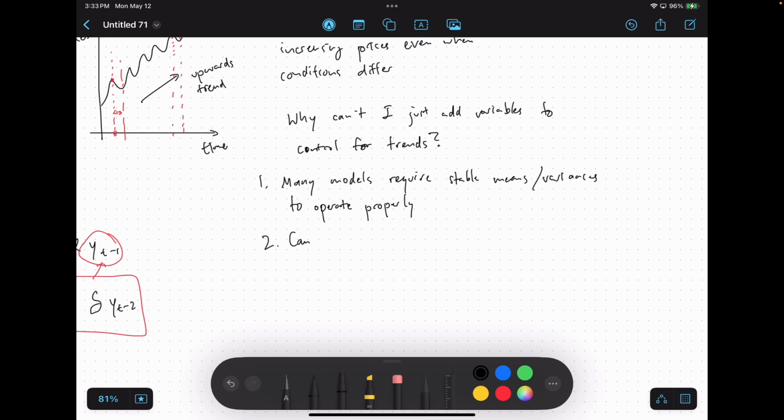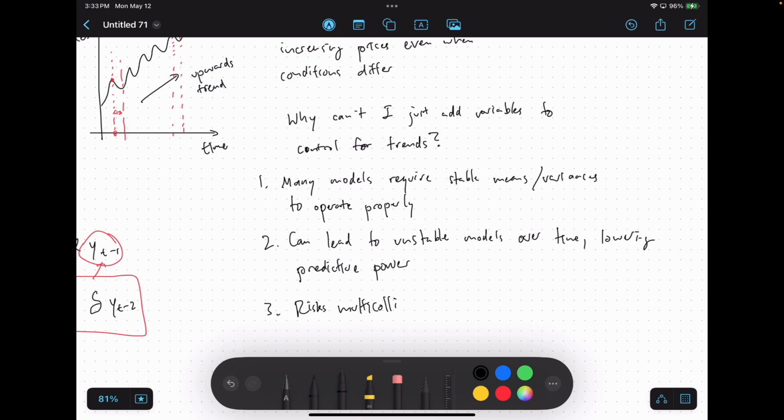It can lead to unstable models over time, lowering predictive power, and then risks multi-collinearity and overfitting.